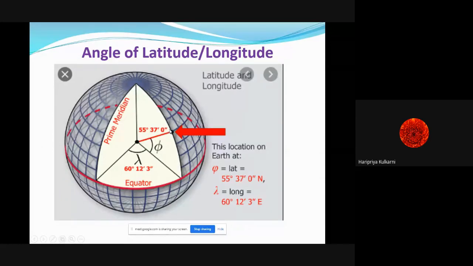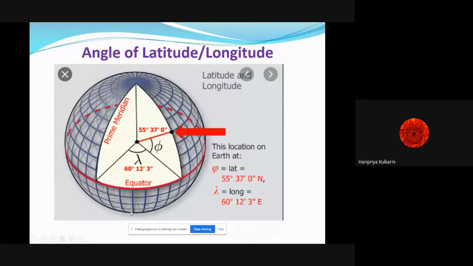By definition, it is the vertical angle between the line connecting the point to the center of the earth and its projection on the equatorial plane. This is the angle. Your angle of latitude could be towards north or towards south. If it is towards north, it is positive.